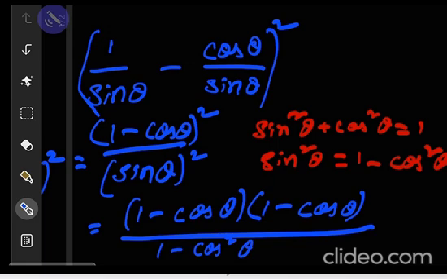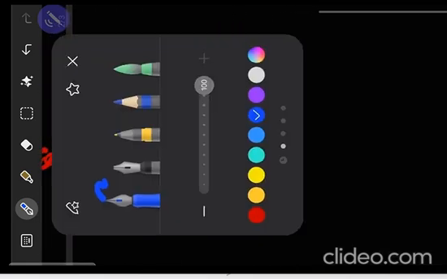So here 1 minus cos square theta is in the form of a square minus b square. So what is the formula for a square minus b square? A square minus b square is equal to (a plus b) into (a minus b).